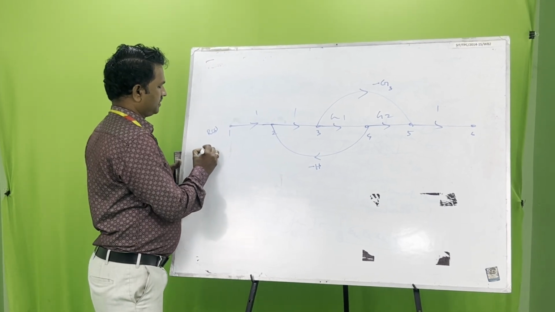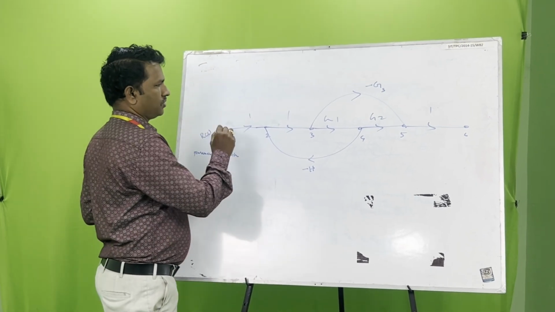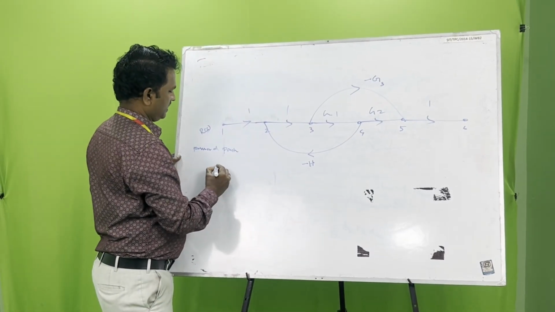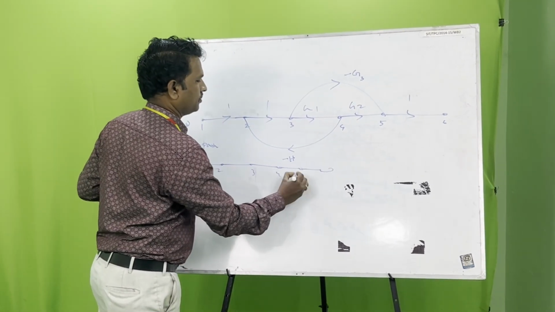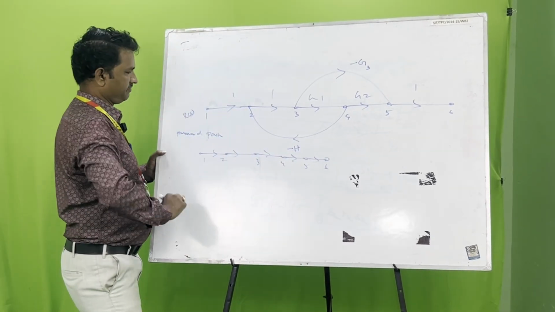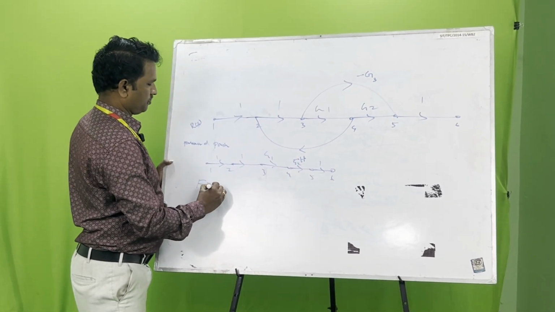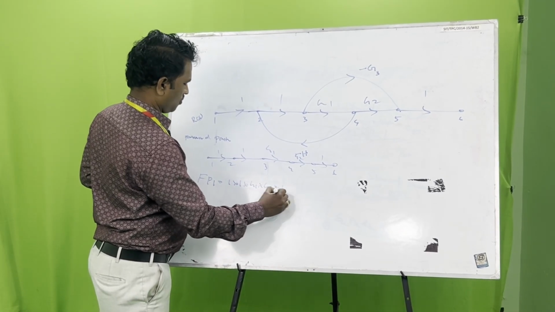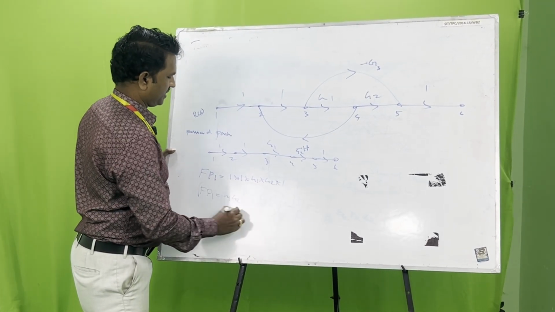First forward path: from the input, nodes 1, 2, 3, 4, 5, 6 form a straight line to the output. The gains are G1 and G2. So forward path 1 is 1 into 1 into G1 into G2 into 1, the total gain being G1 G2.